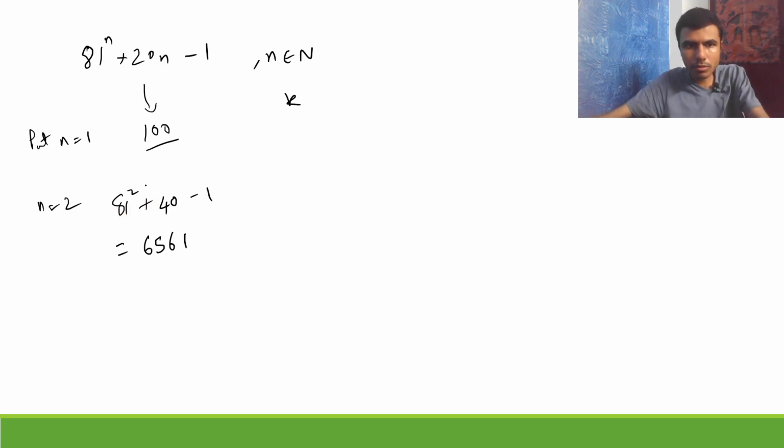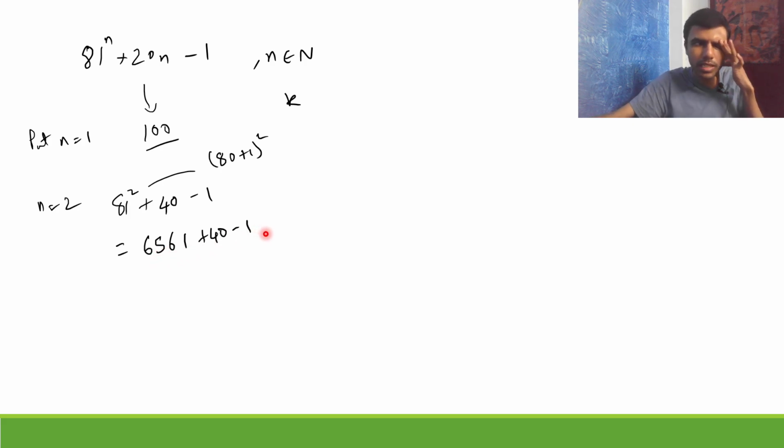You can get 81 squared as (80 + 1) squared, so 80 squared plus 2 into 80, which is 160, plus 1. So whatever you get for 80 squared, add 161. So 6400 plus 161 is 6561, plus 40 minus 1. 6561 minus 1 is 6560, and 40 more gives 6600.